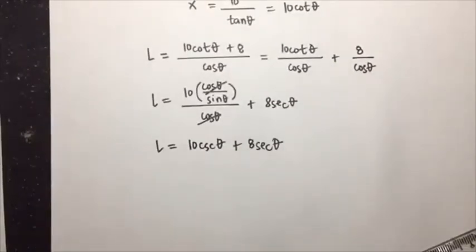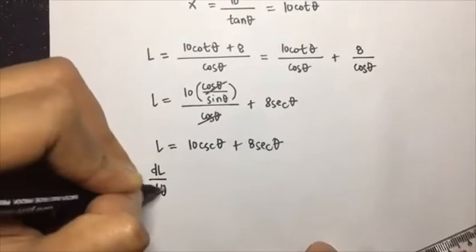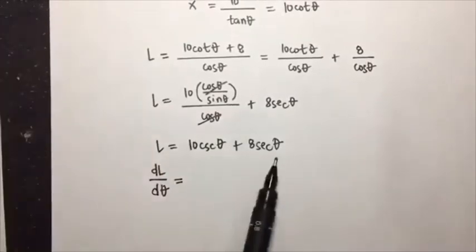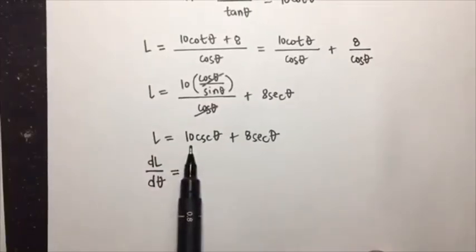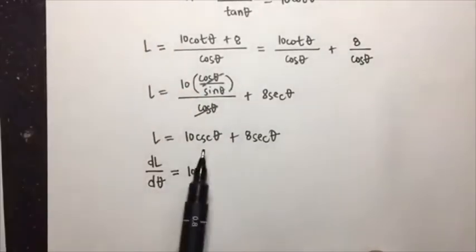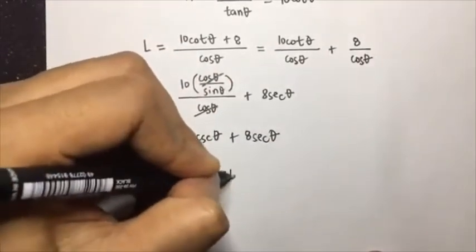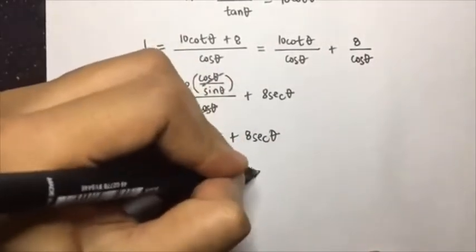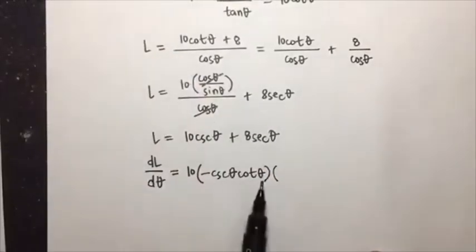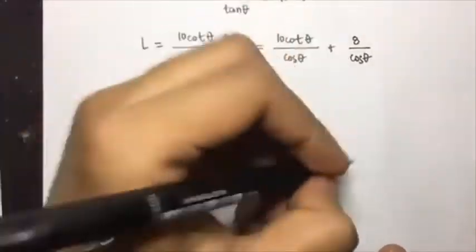Okay, so from there, derive L with respect to theta. So dL over d theta is equal to, we have a numerical coefficient of 10. Derivative of cosecant theta is negative cosecant theta cotangent theta multiplied by the derivative of theta with respect to theta, so that is 1, plus 8.